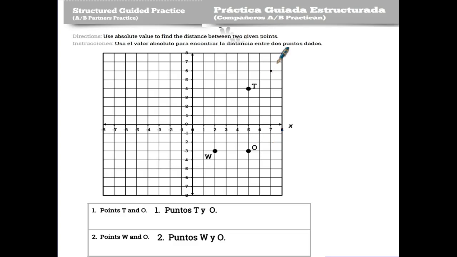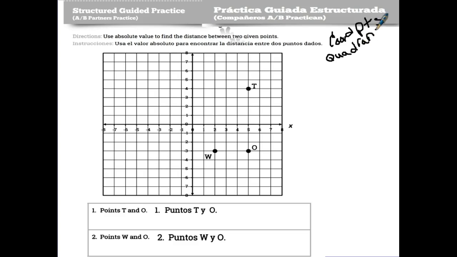So the first thing I want you to do is determine the coordinate points. I'm going to abbreviate here. Coordinate points for T and O. What's your X? What's your Y coordinate point for T and O? Then I want you to determine which quadrants they're in. Are they in the same quadrant, or are they in different quadrants?